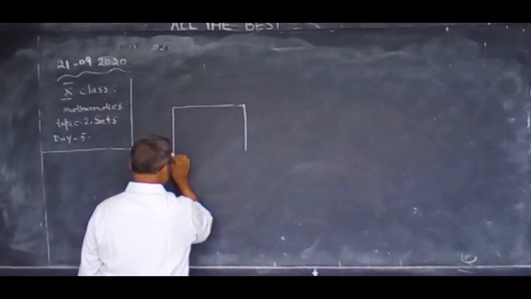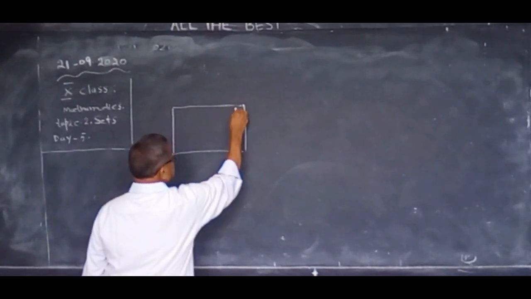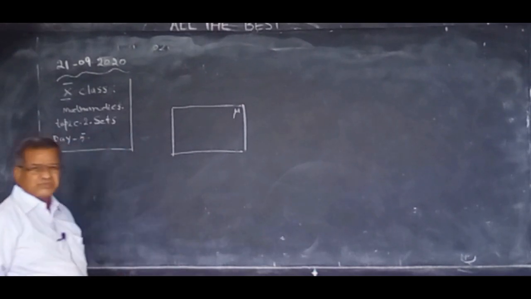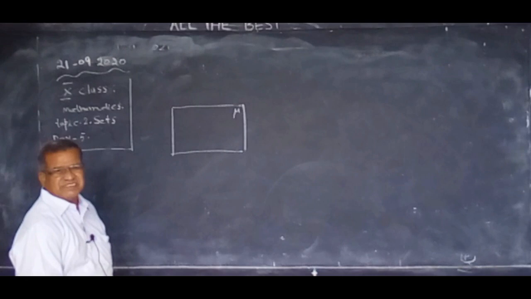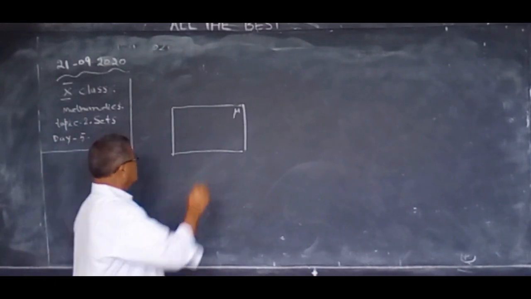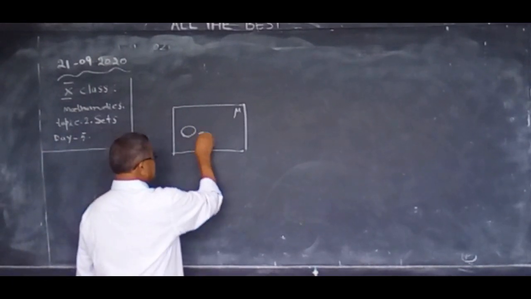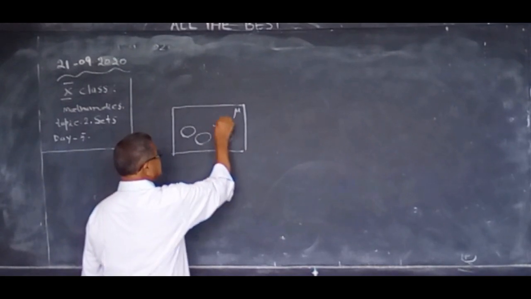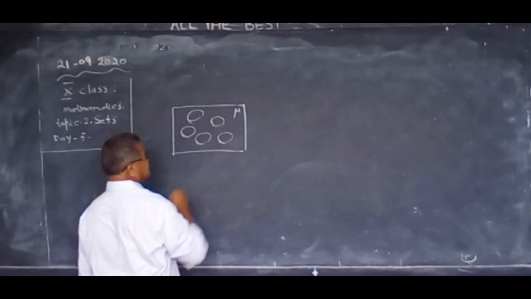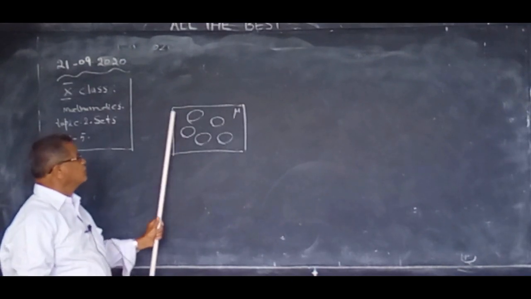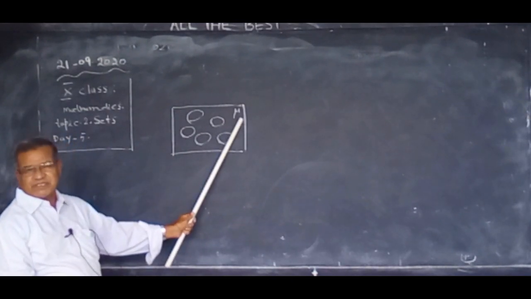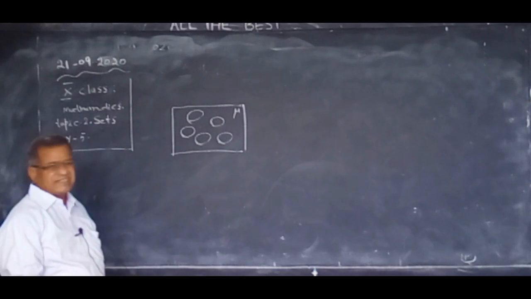This region is known as the universal set, mu. It may have branches. We call them subsets: set A, set B, set C, like that. The universal set is represented by a rectangle, and it contains all the elements.